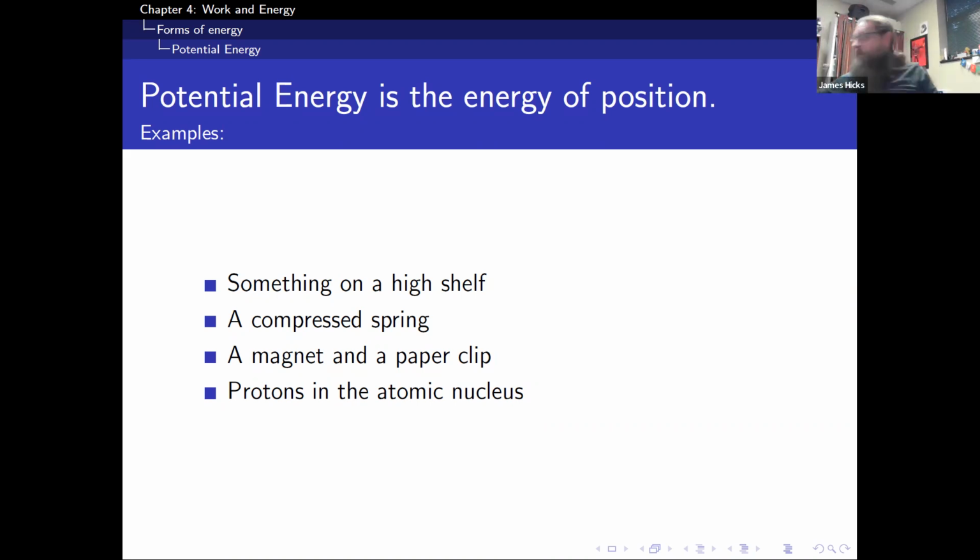If I compress or stretch out a spring, the position is how much it is stretched out. With a magnet attracting a paper clip, the closer the two get to each other, the bigger the force is, so there's bigger energy. And even the protons that make up the inside of an atomic nucleus have some potential energy. That's where we get nuclear power from.